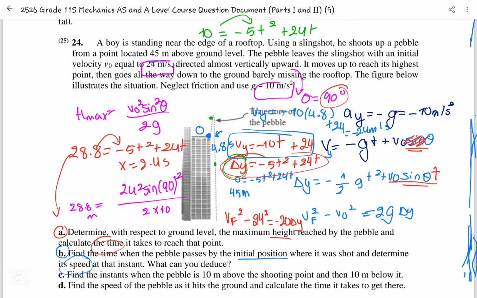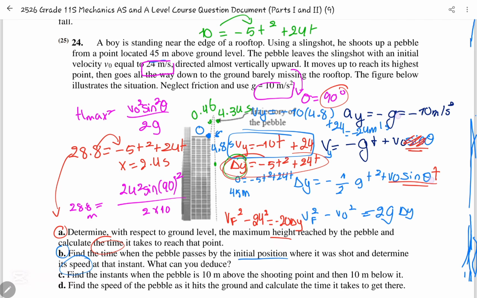Actually, no, you'll get two specific times for this one. Why? Because there's two possible places for it to be 10 meters. For example, here, 10 meters, and here, 10 meters. So you might get 4.34 seconds, or you might get 0.46 seconds. Either way, it's possible.